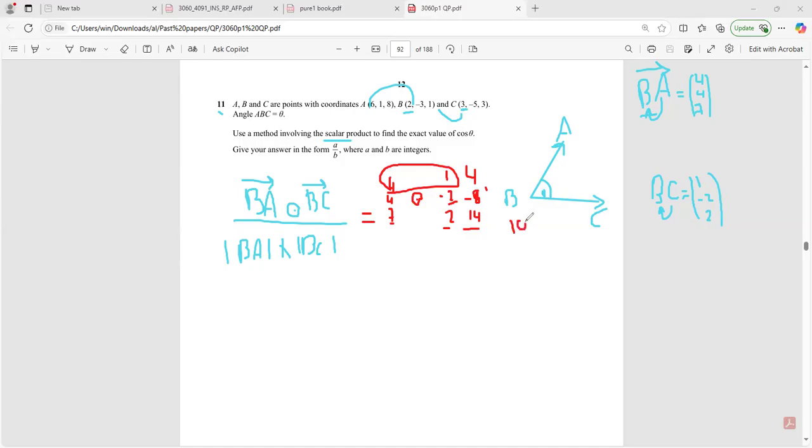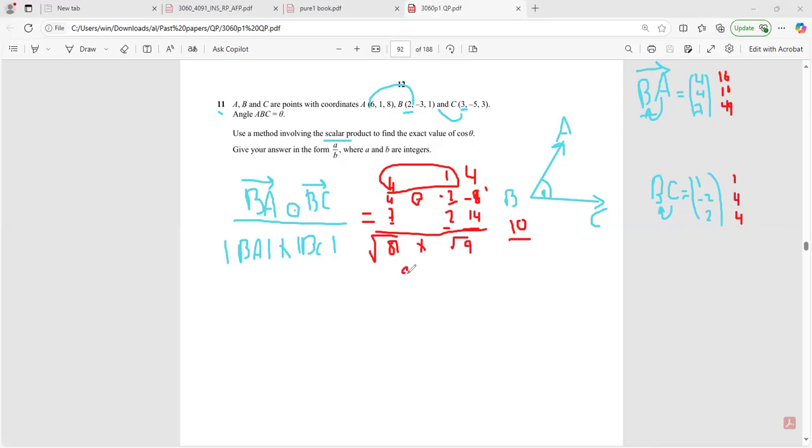10 in the numerator. And let's see, the denominator will be square root. 4 squared is 16 plus 16 plus 49, which gives us root of 81. Then 1 squared is 1, negative 2 squared is 4, and 4 squared is 4, which gives us root 9.